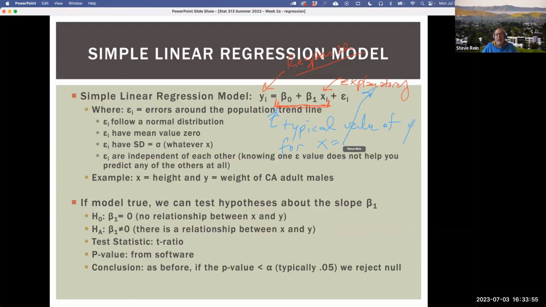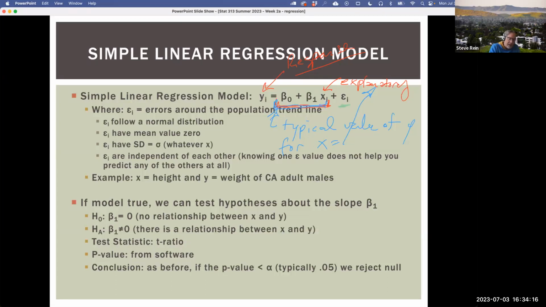So if you tell me beta 0 and beta 1 and X, I could tell you the typical value of Y, okay? But there is this other term, epsilon, let me greenify it there. That epsilon tells me how far you are away from typical.